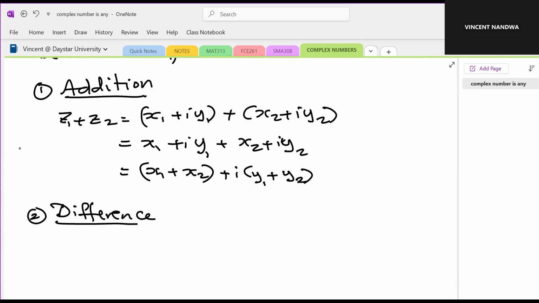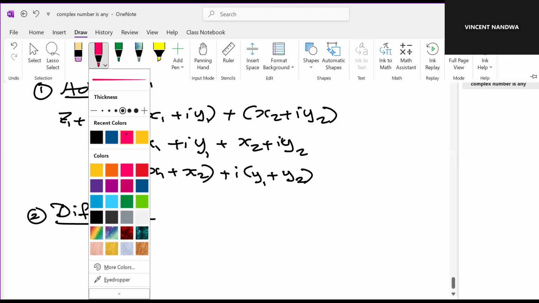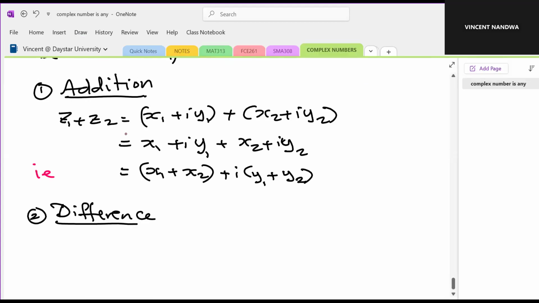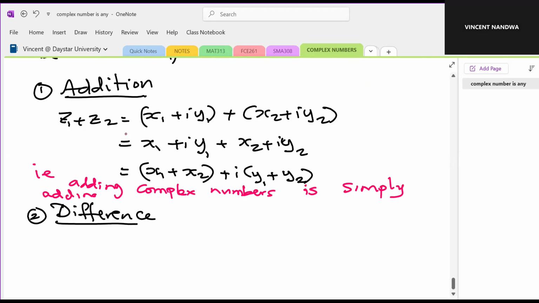So we can make that observation or that summary that adding complex numbers is simply adding real parts and adding imaginary parts.